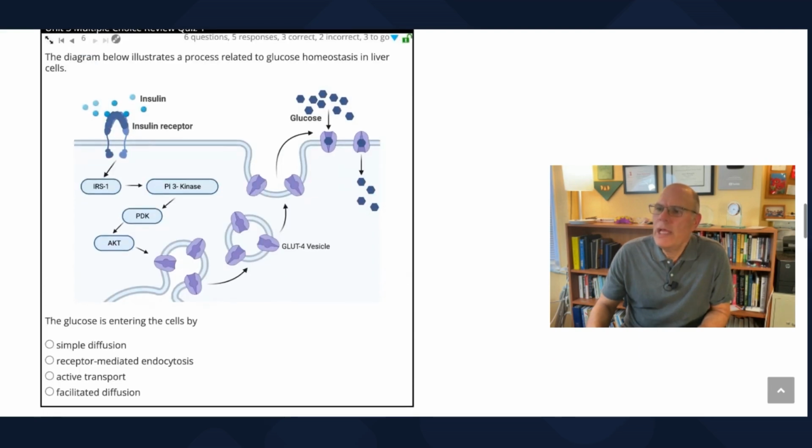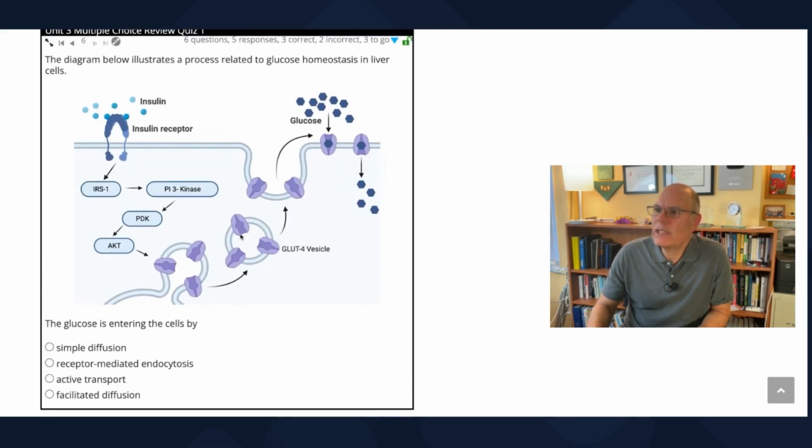Next question. Here we have a pretty complex diagram that I'm going to describe to you. The diagram below illustrates a process related to glucose homeostasis in liver cells. So what we have is a schematic diagram of a cell. On the left side, there's an insulin receptor and an insulin and dots that represent insulin.